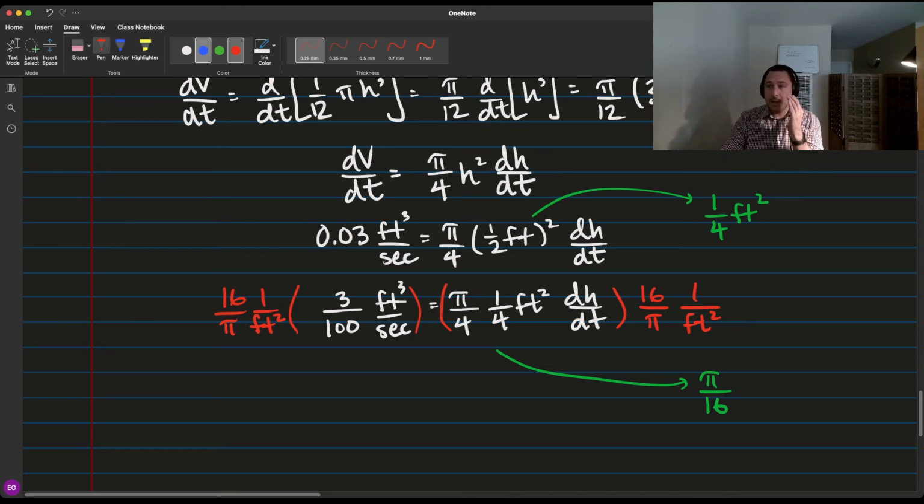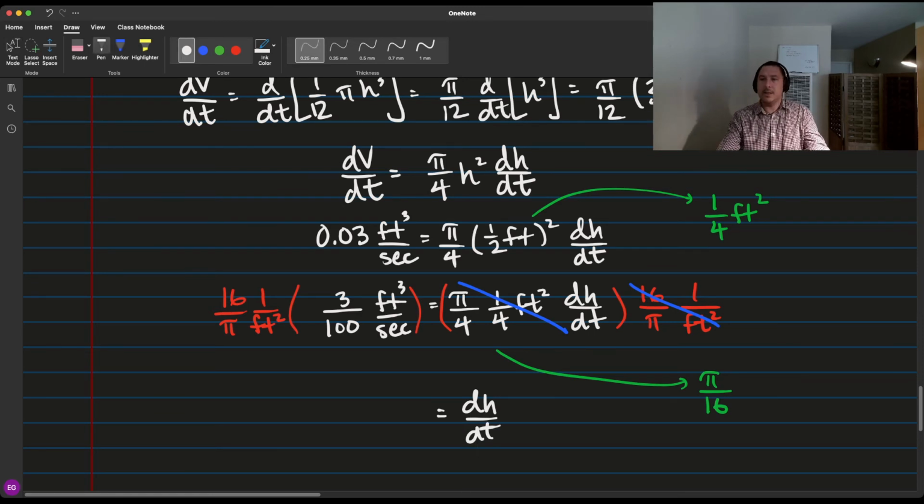So my pi over 16 foot squared will cancel with my 16 over pi foot squared, leaving me with dh dt. Now on the left hand side, the foot squared will cancel with 2 of the cubic feet, leaving me with just feet per second.